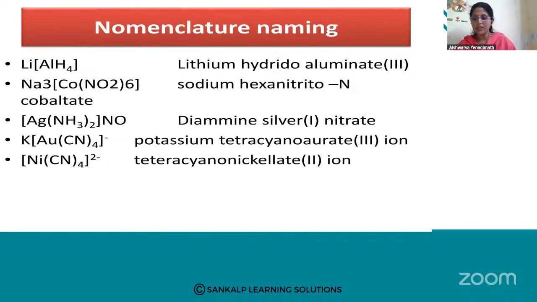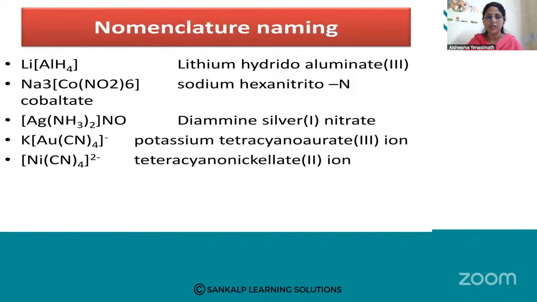Na3 is sodium. So sodium, then 6 NO2 are there, so hexanitrito-N. N stands for nitrogen being the point of attachment. Or you can also write nitro. Cobaltate with the oxidation number 3. [Ag(NH3)2]NO3: diammine silver 1 nitrate.